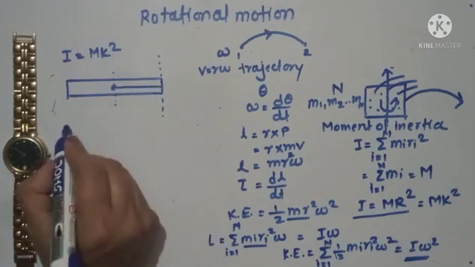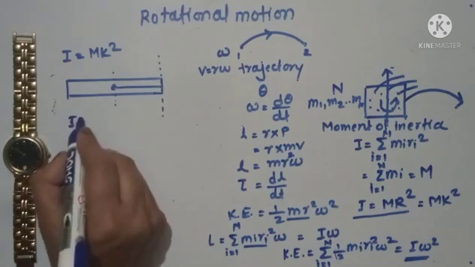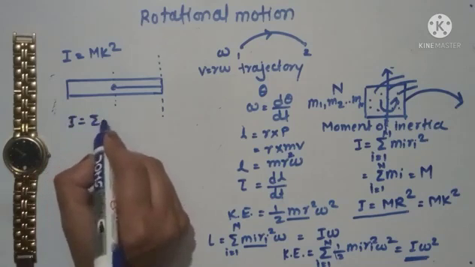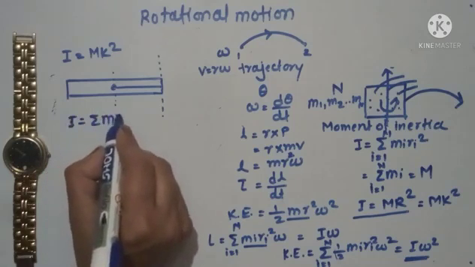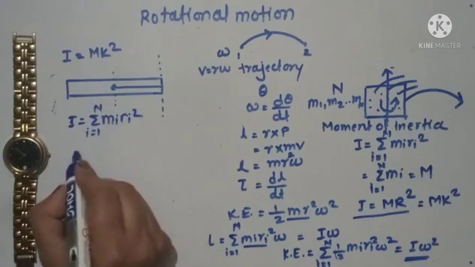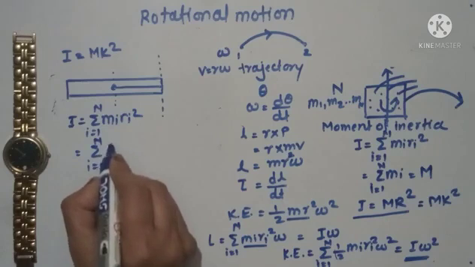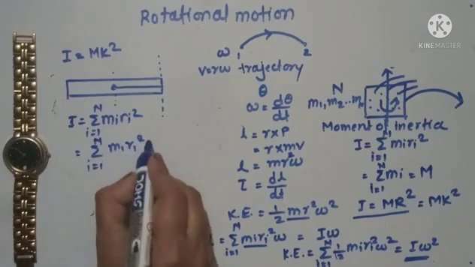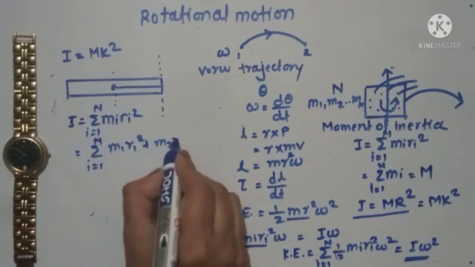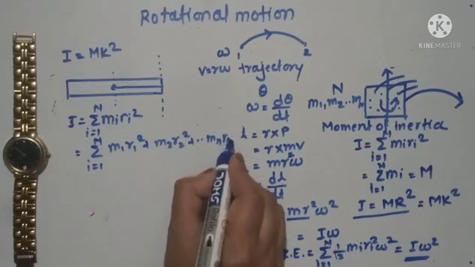And mathematically it is represented as follows. We know the equation I is equal to summation of m_i r_i square, i runs from 1 to n, which is nothing but m1 r1 square plus m2 r2 square plus up to mn rn square.